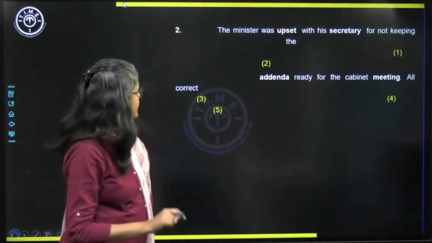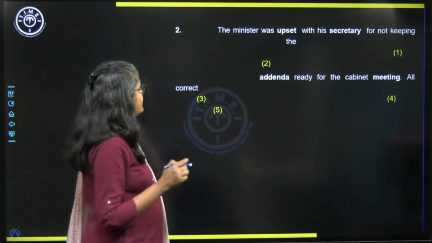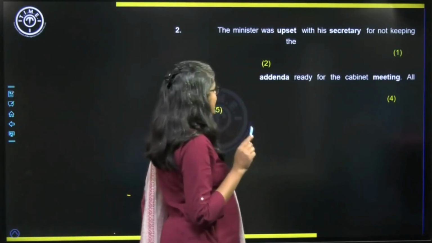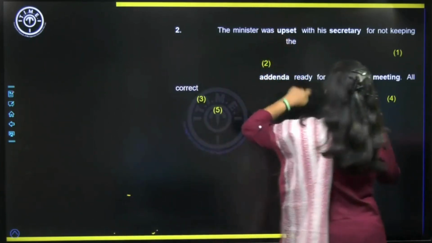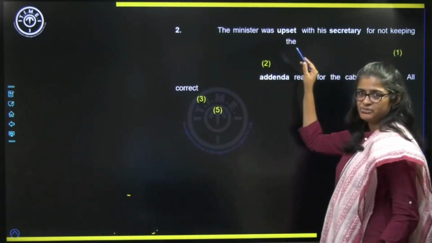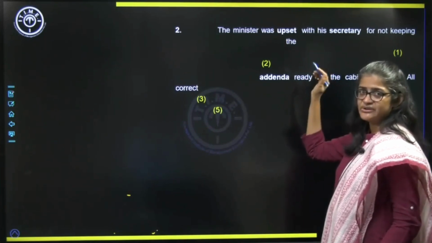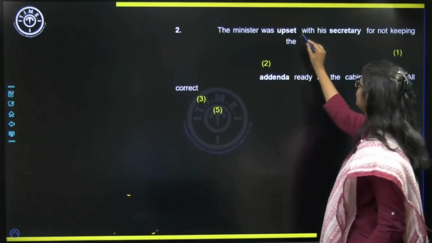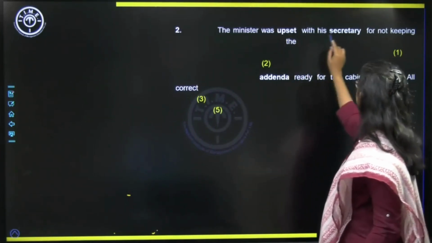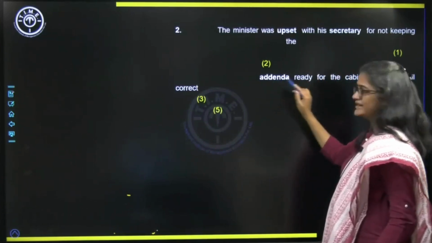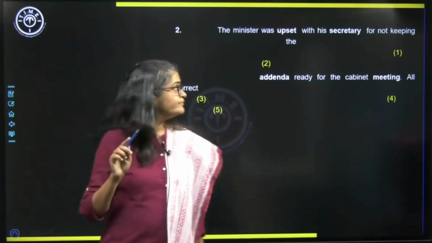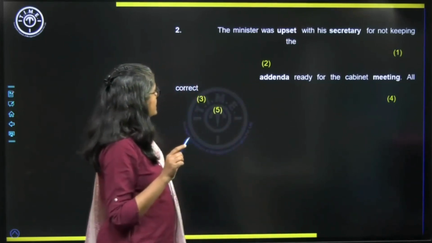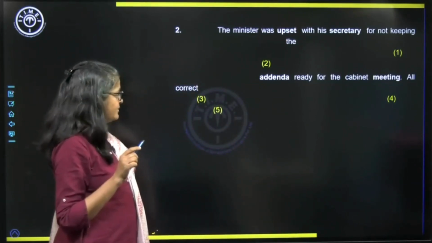Next, the minister was upset with his secretary. All the words in bold are supposed to get these numbers. On my PPT, it's not aligned properly, so do not mind that. Upset is word number 1, then secretary is word number 2, etc. The minister was upset with his secretary for not keeping the addenda ready for the cabinet meeting.